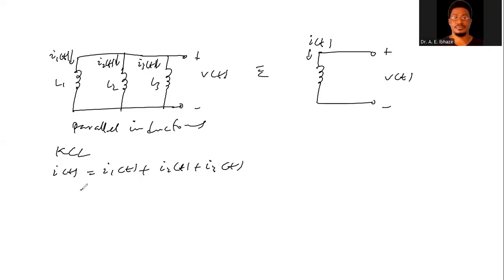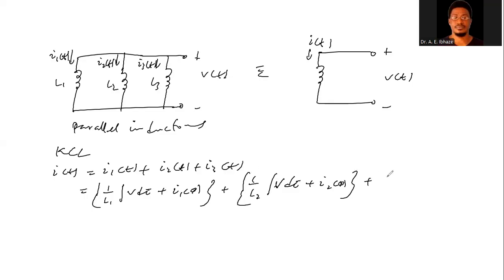So this is going to give us 1 over L1 integral V d tau plus I1 of 0, plus 1 over L2 integral V d tau plus I2 of 0, plus 1 over L3 integral V d tau plus I3 of 0.